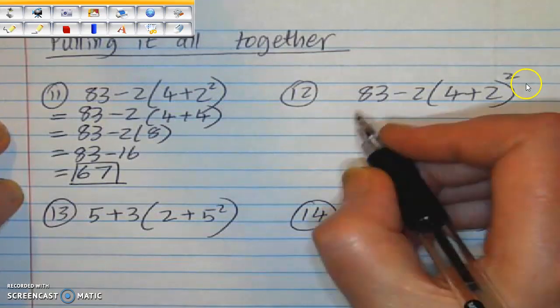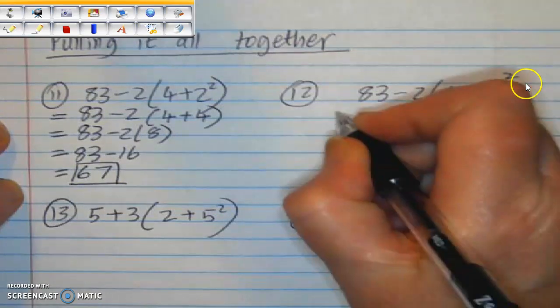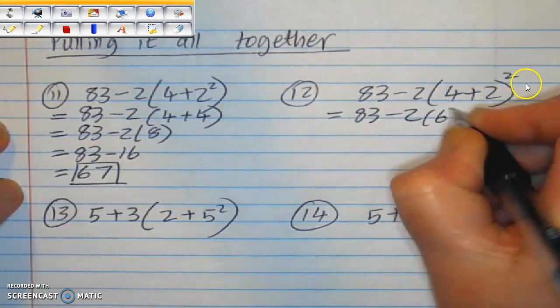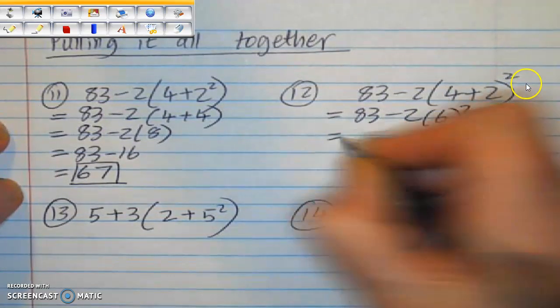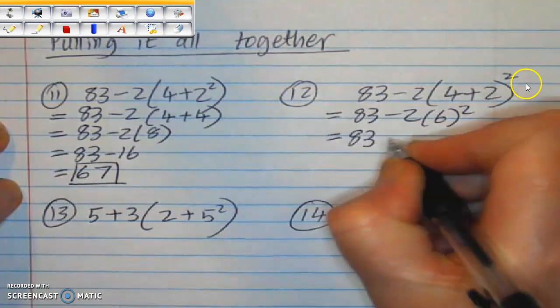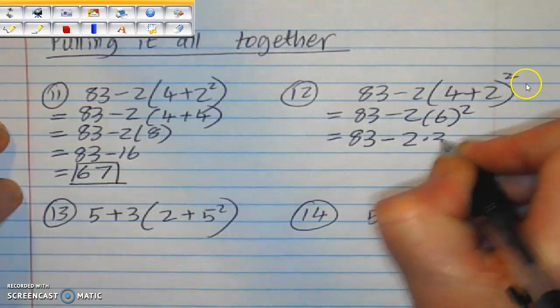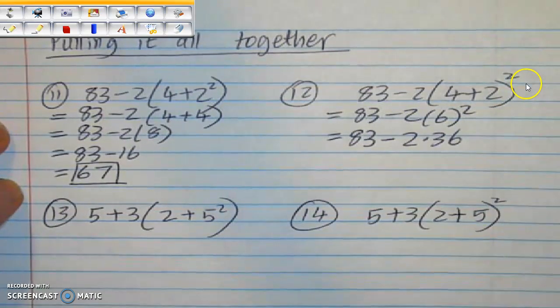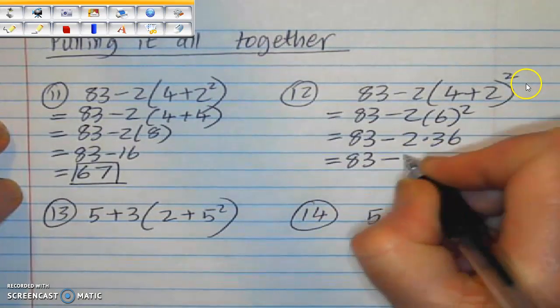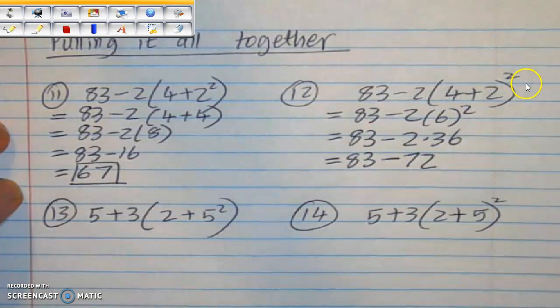Number 12 over here. The first thing is the grouping. What's inside the parentheses? After grouping, the next thing is exponents. After exponents, multiplication or division, which is that, because 2 times 36 is 72.